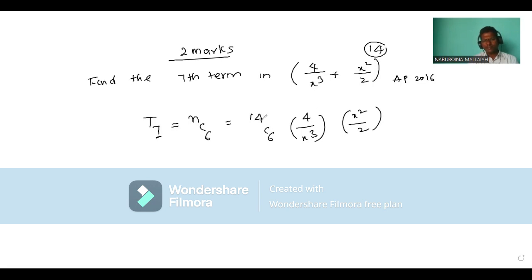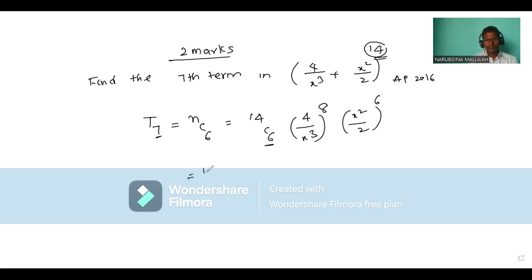After that subtract 6 from 14. 14 minus 6 will be 8. Then write this base here. Once again check: if you add these two numbers, 8 plus 6, how much? 14. You have to get the power 14.